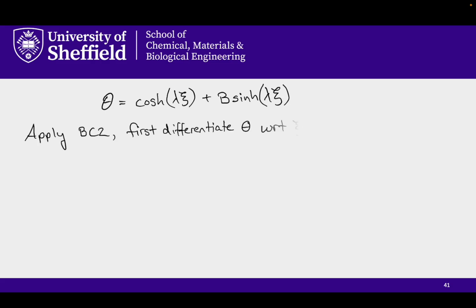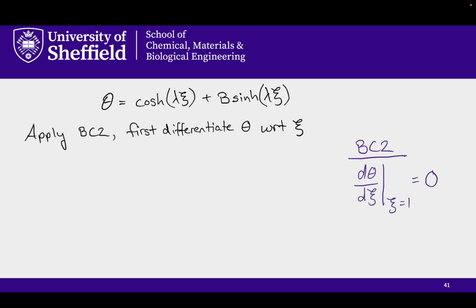Now we need to apply our second boundary condition, but first we have to differentiate theta with respect to xi, because remember that second boundary condition is the Neumann boundary condition that describes the derivative of theta with respect to xi. So we differentiate theta.